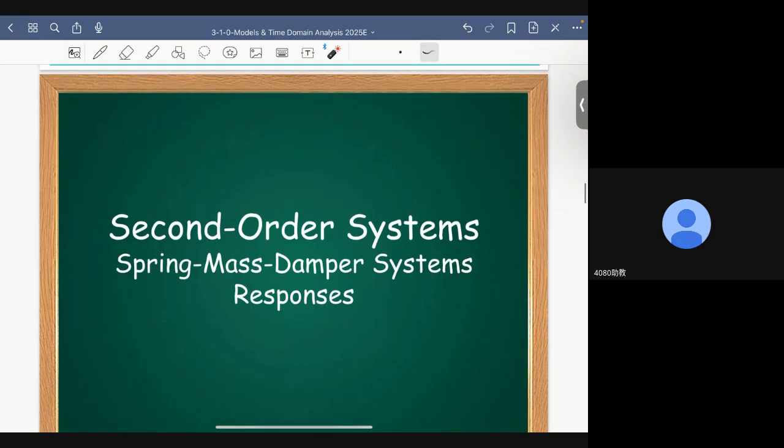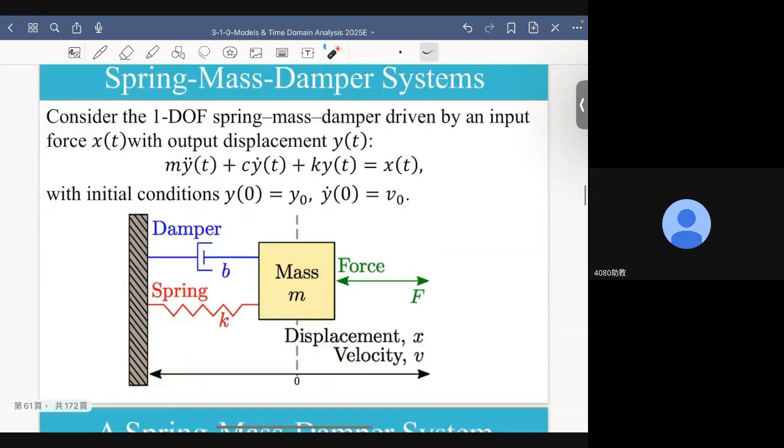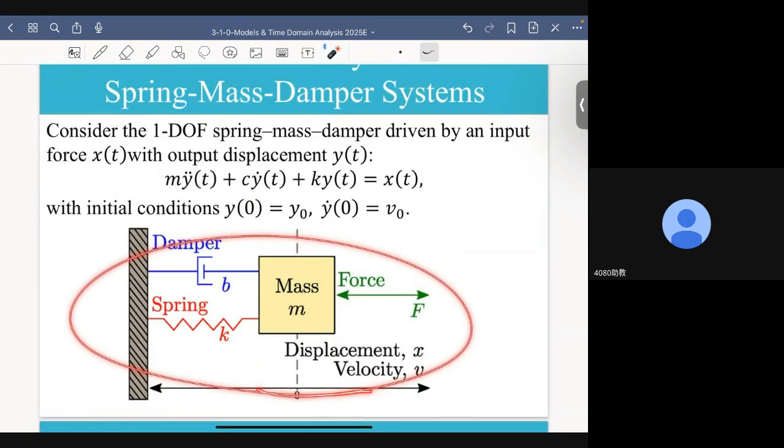Now, let's again focus on second order systems, but let's move one step further to spring mass damper systems. This is a spring mass damper system.